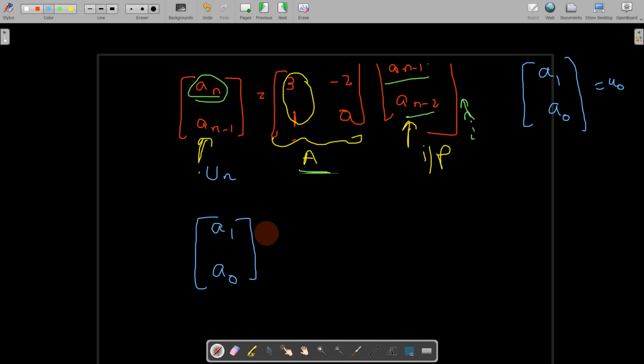Using the 0th term, it equals the matrix 3, 1, minus 2, 0. That is the A matrix. And the input will be U0, A1, A0. We know the values of A1, A0, so we will substitute them over here.